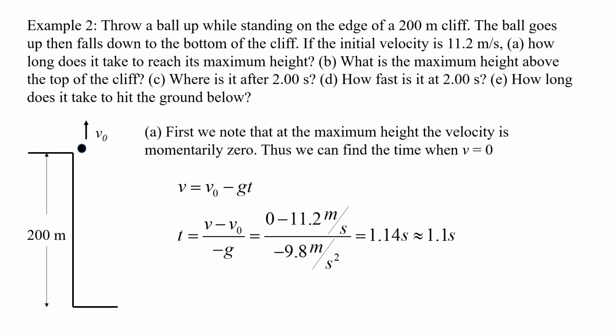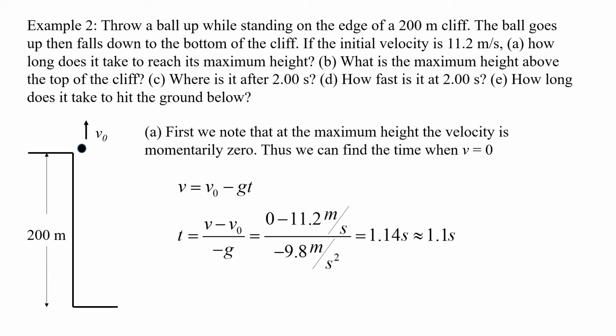So we write v equals v naught minus gt. Solving for the time t, we get v minus v naught divided by minus g. Then we plug in the numbers. If we say our initial velocity is 11.2 meters per second, that was given. At the maximum height, the velocity is 0, because it momentarily stops.